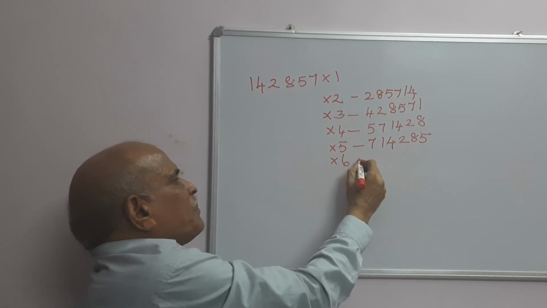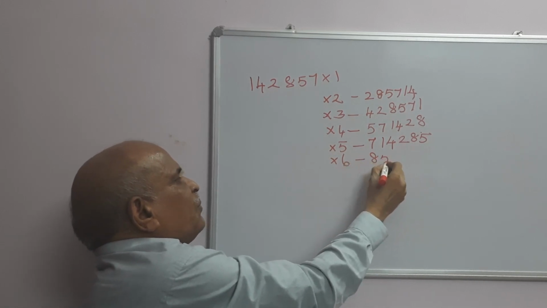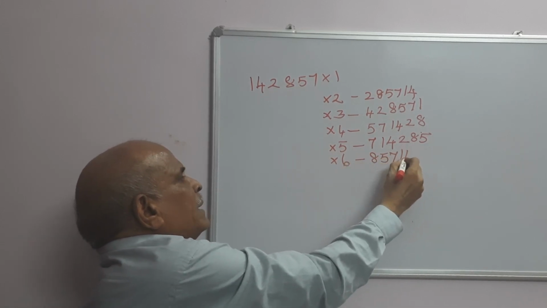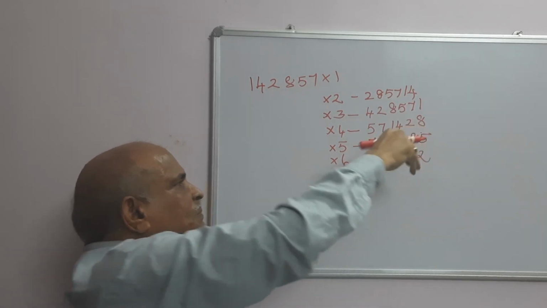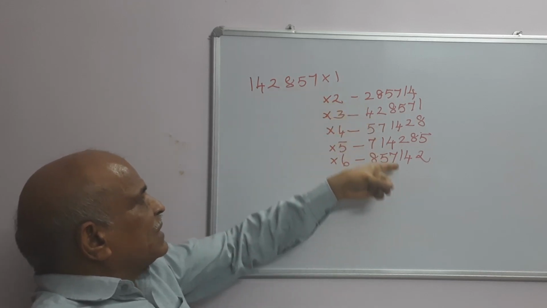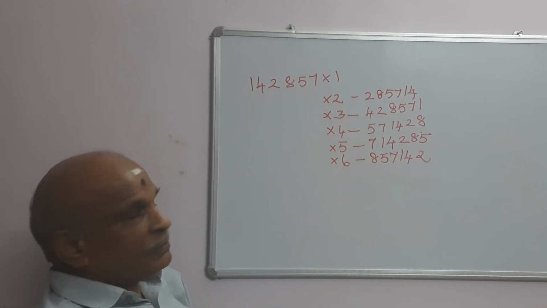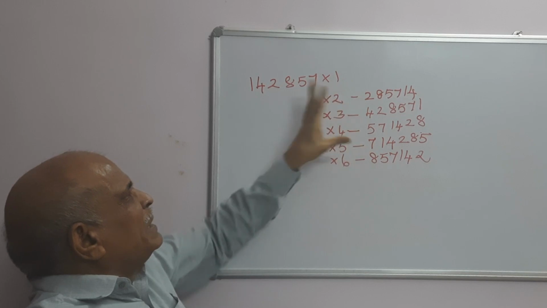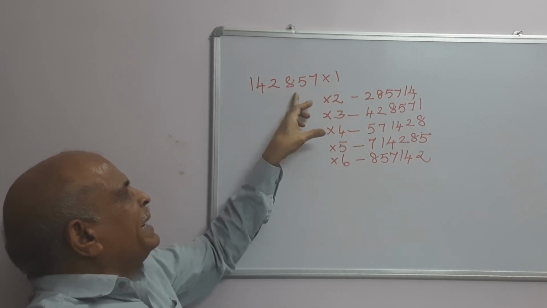Multiplying by 6, 8, 5, 7, 1, 4, 2. If you observe all the 6 numbers, they are having the same digits 1, 4, 2, 8, 5, 7.